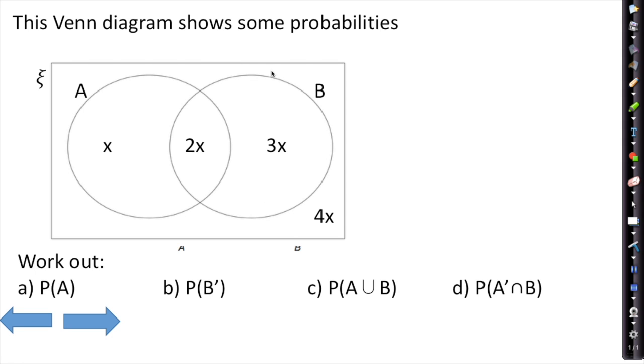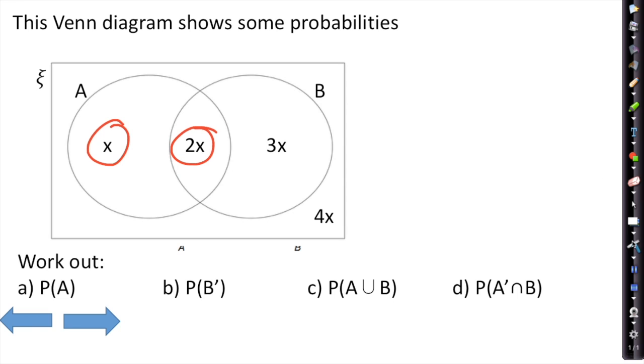Now we're using a Venn diagram probability question with algebraic notation given to us. So we've been given here x, the intersection of A and B is 2x, and B without the intersection of A and B is 3x. Outside the Venn diagram is 4x. If we want to work out the probability of A, then what we're looking at is everything inside the A here.